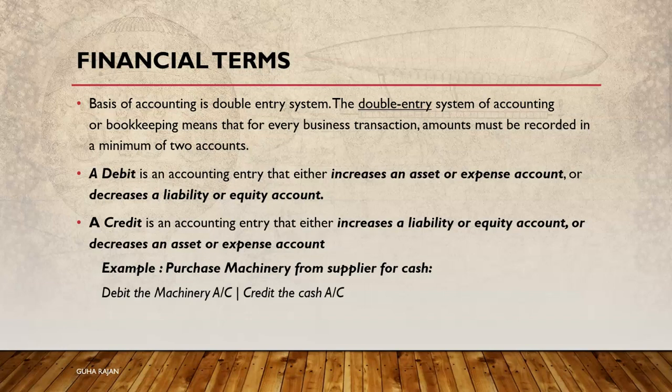There are rules for it, but I am not going into them, but you need to understand, because accounting itself is a vast subject. I'm not getting into the details of it.